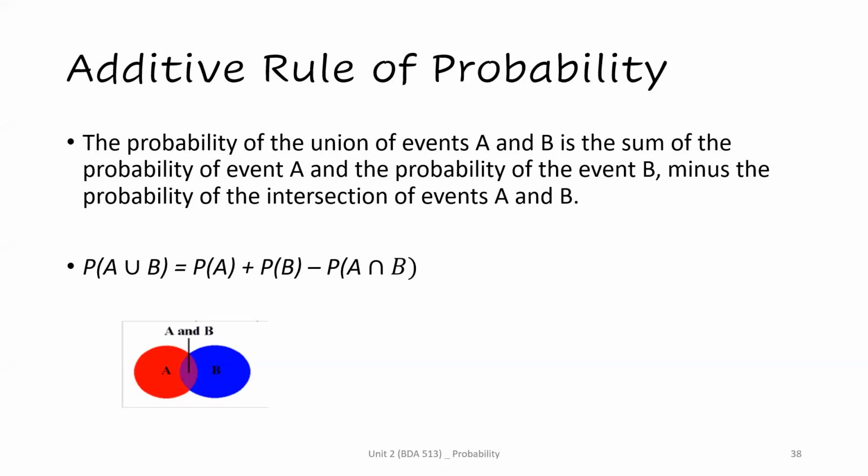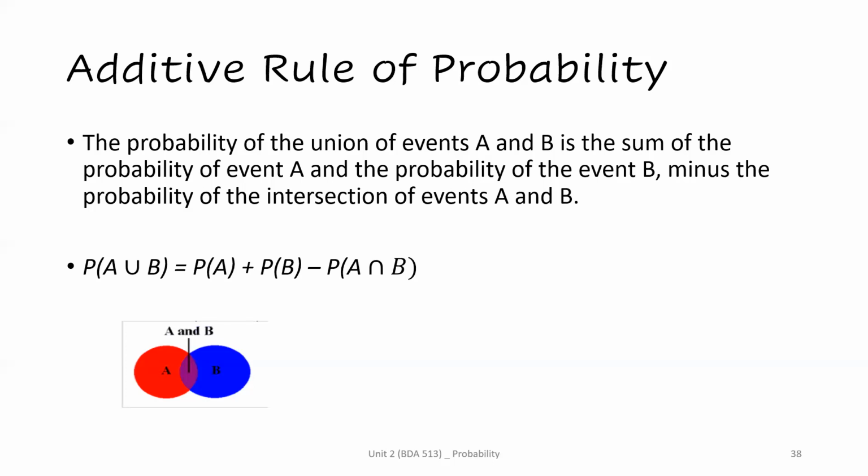Part of the middle belongs to A, whilst part of the middle also belongs to B. So you need to be careful and remove that intersection, and that will give you the union between A and B. So basically the probability of A union B is the probability of A plus the probability of B minus the probability of the intersection of A and B.